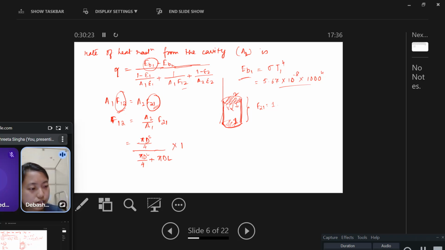If we calculate this, pi d will be cancelled: d by 4 divided by (d by 4 plus L). Is it correct?